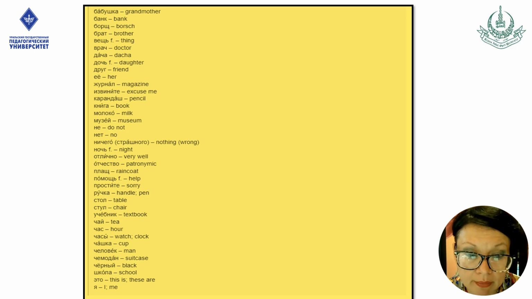Учебник, к hard stem ending, consonant ending corresponds to masculine gender. Чай, й. Don't forget that in Russian й is a consonant, so чай corresponds to masculine gender, он.